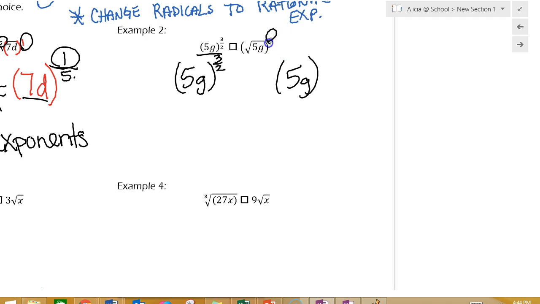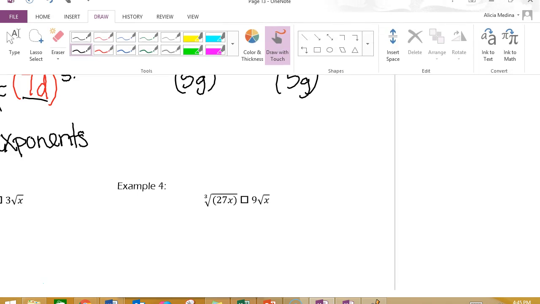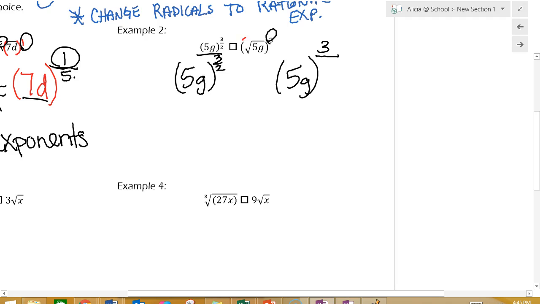It has an exponent of 3, and remember that common radical, we never really see that 2, it's invisible. So don't forget that that's a 2. So I have 5g raised to the 3/2 on the left, and that is the same thing I have on the right side. So those are equal.